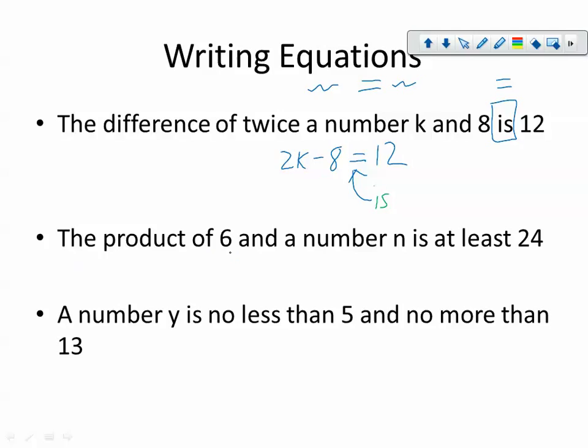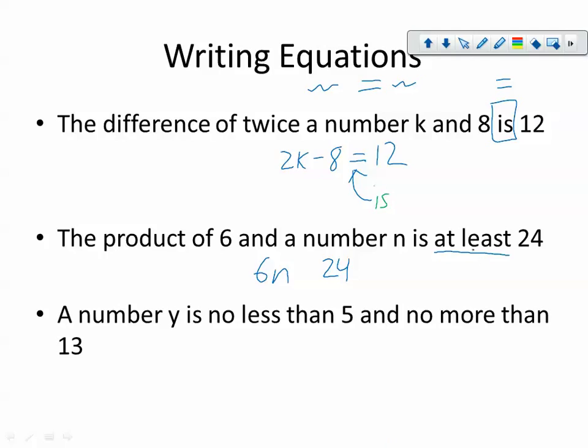The product of 6 and a number n is at least 24. That is going to be one of our inequality symbols. Notice that it doesn't say at least or equal to 24. It says it's at least 24. So we have to decide what symbol does at least mean. Right?